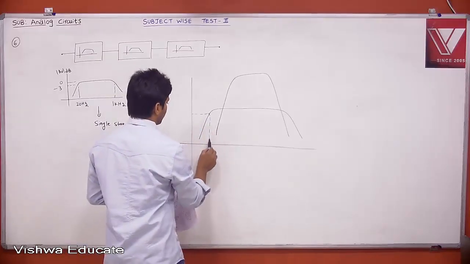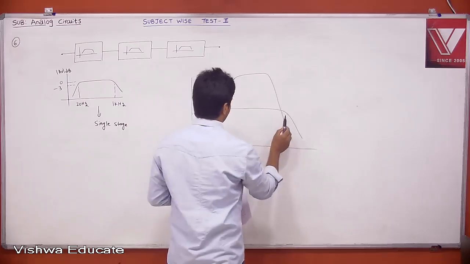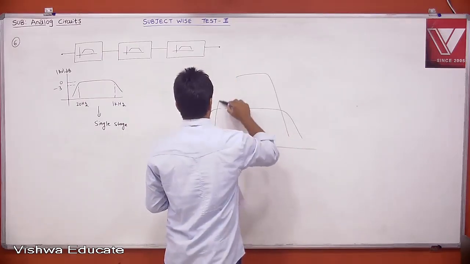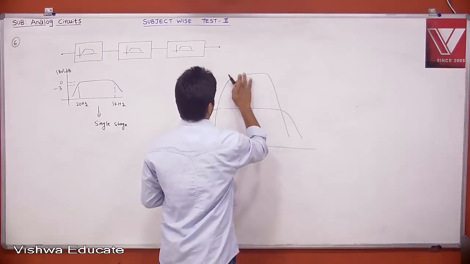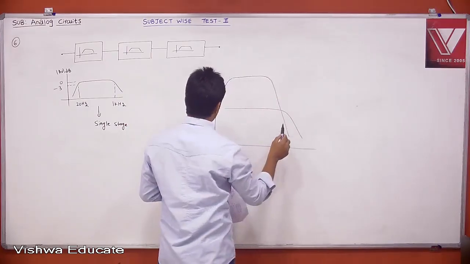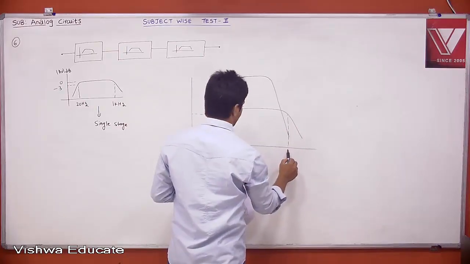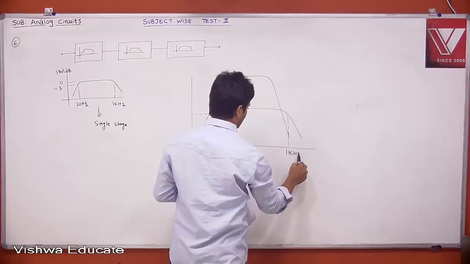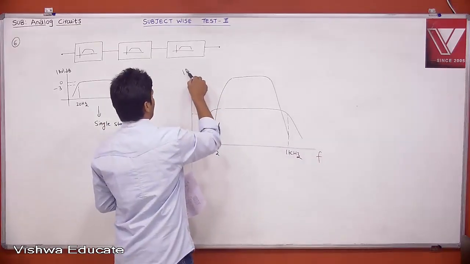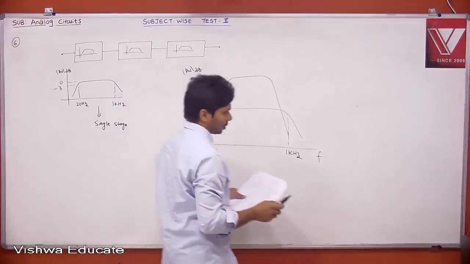Therefore, this is our 20 Hz, and this is your 1 kilohertz, right? Then for three stages, if you take mod AV in dB, what will be the new cutoff frequency?